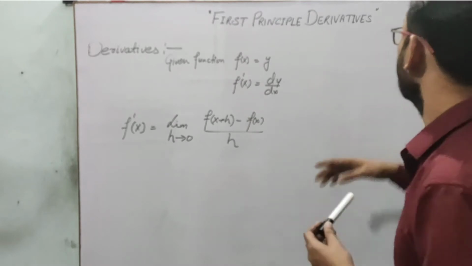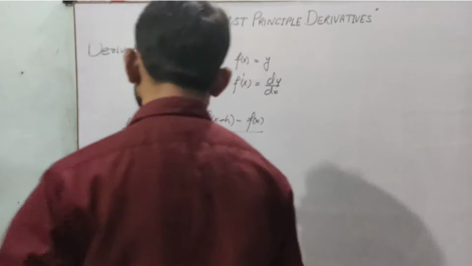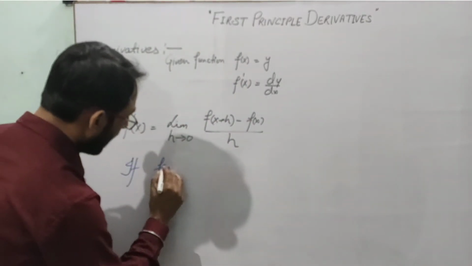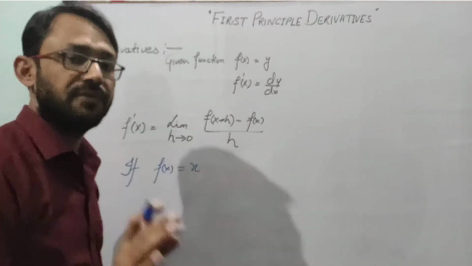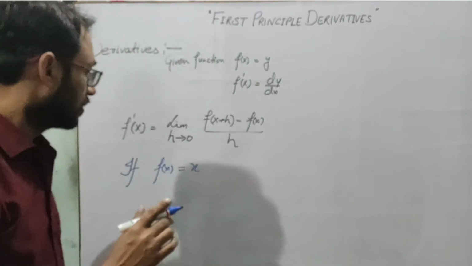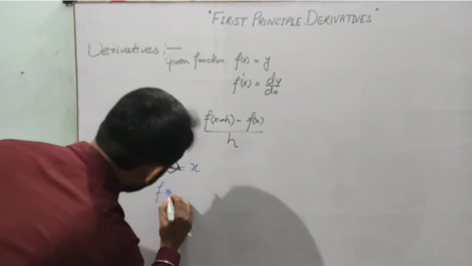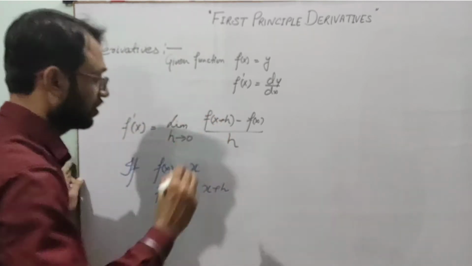So the first question, I am taking a very easy question. If we have been given f(x) equals x, a function f(x) as x, what will be the value of f(x + h)? f(x + h) will be x + h.